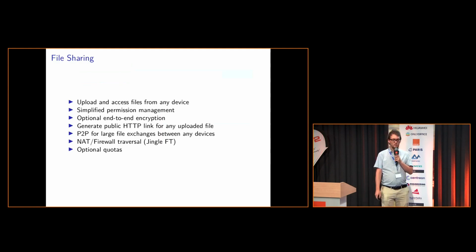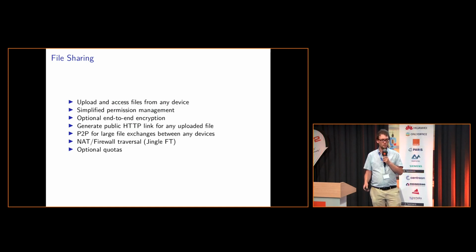Okay, there is a file sharing component. So when we talk about file sharing, we not only talk about the usual file sharing you have in your messaging application. There is a component where you can send files, upload them, have permission access where you say only a few people can access, or have a public HTTP link that you can send to anybody.